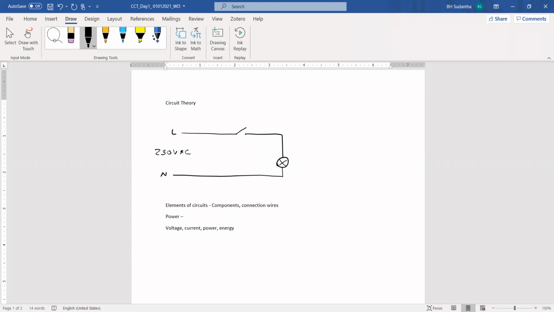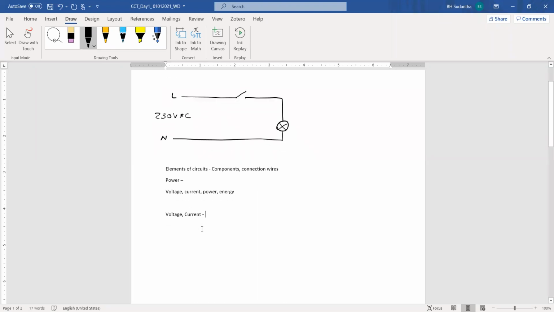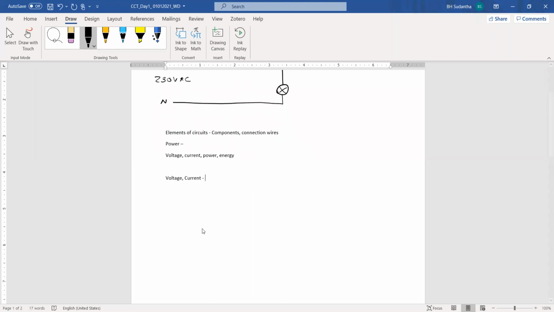Then when it comes to voltages and currents, you have voltage and current. Have you heard that when you apply certain voltage, what are the voltage sources? For example, I can draw a small circuit now.